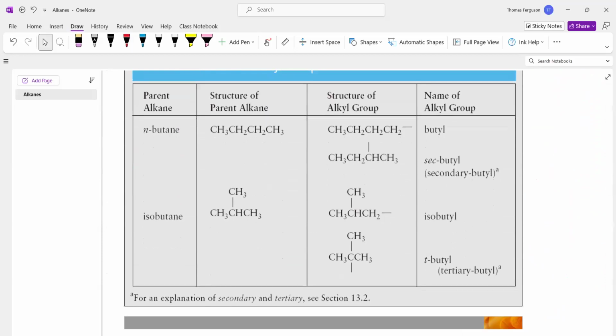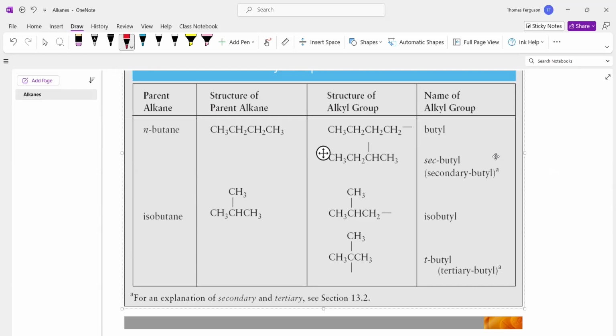So if we have a 4 carbon branch, it's going to be called butyl, attaches on the end. If it attaches with the second carbon in, it's called sec-butyl. If it attaches on the end, second one in, it's called isobutyl.